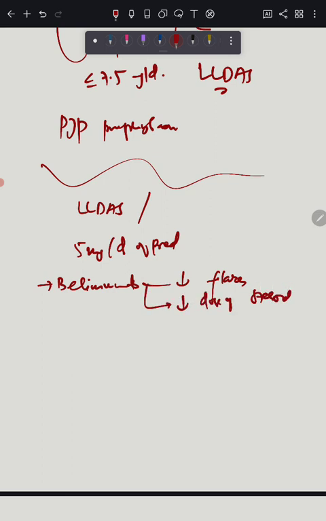And anifrolumab is to be given for moderate to severe non-renal SLE with inadequate response to standard therapy.